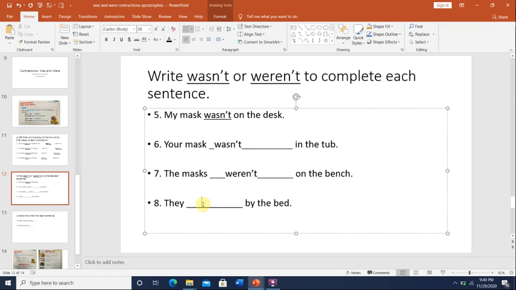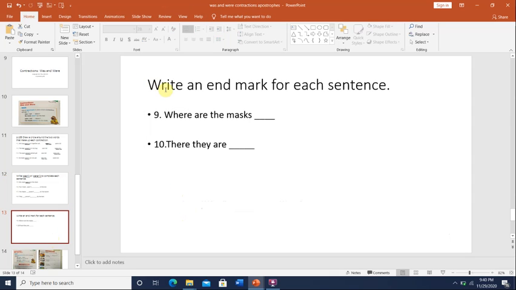They is a pronoun used to tell about more than one thing. So that means they here is more than one. They weren't by the bed.